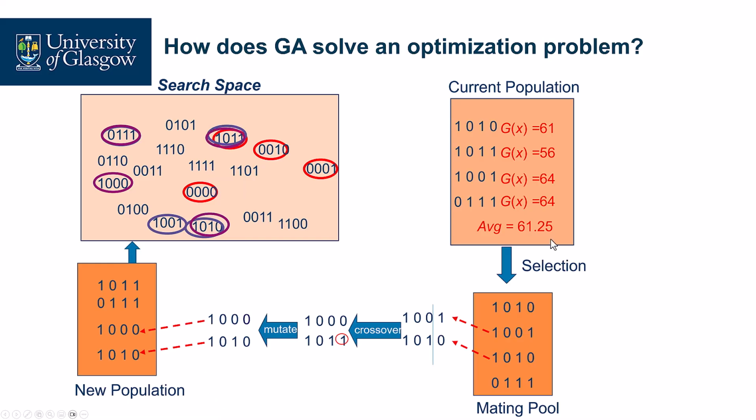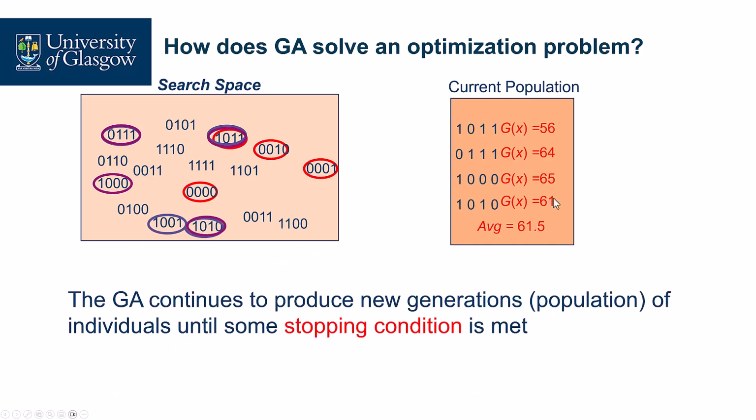So remember the last population, the average is 61.25, and the best one is 64. Now let's replace it and see what the new population is. This is the new population. We can find the best design, the optimal design, 1000, already there. g(x) is 65, right?